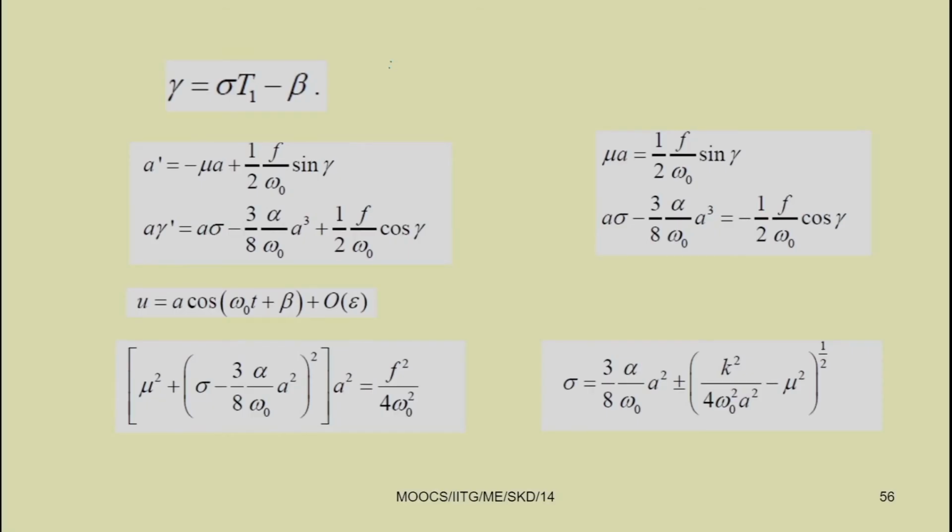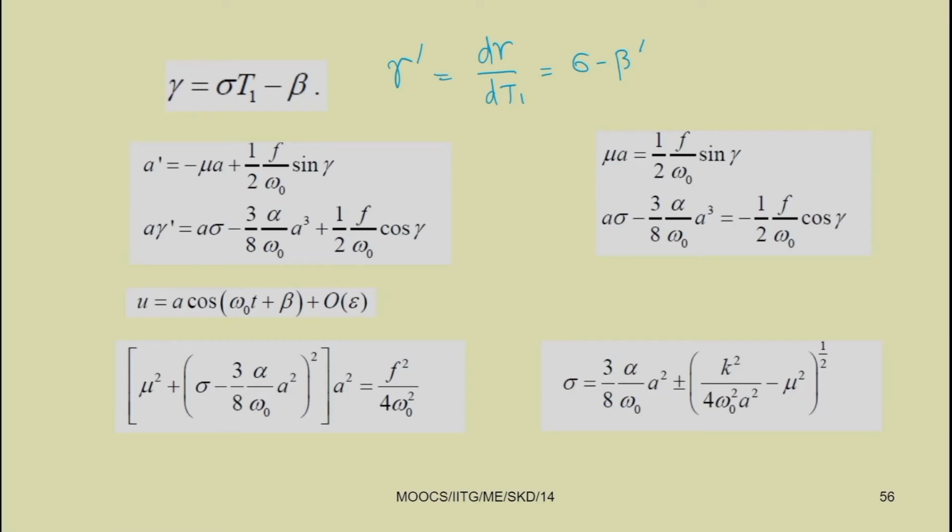You can find gamma dash, which is d gamma by dt1, equal to sigma minus beta dash, where beta dash is nothing but d beta by dt1. So it is differentiated with the time scale t1.